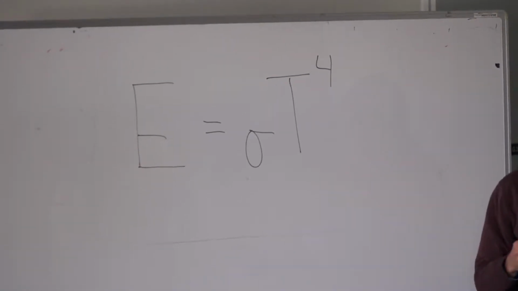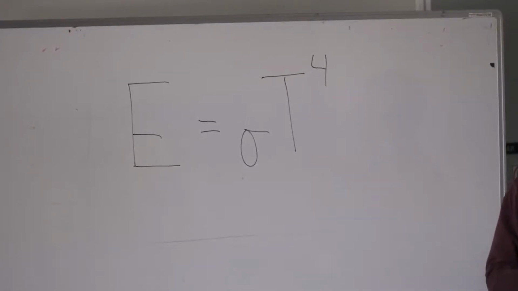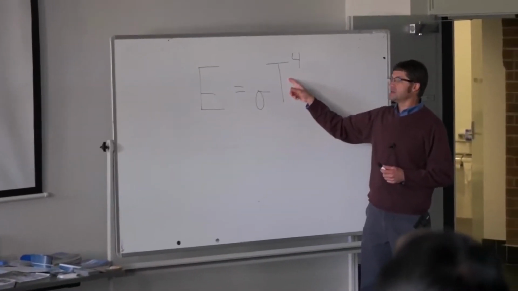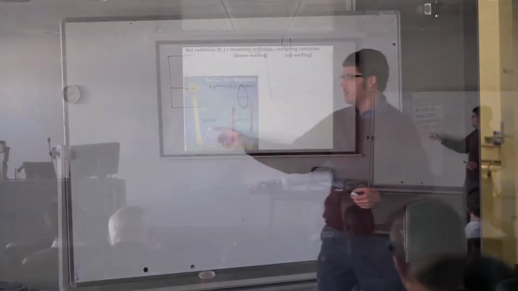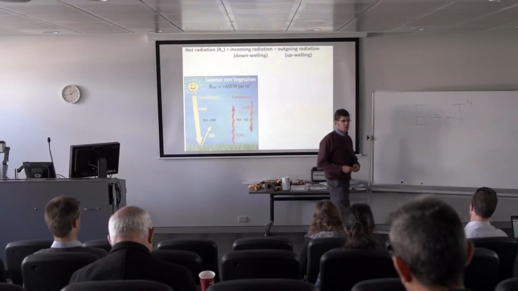So if we were to take one of our measurements outside, we'll just say the blue sky was negative 30 Celsius, and we were to plug it into this equation, we would get a number that's a lot lower than 300 watts per meter squared.